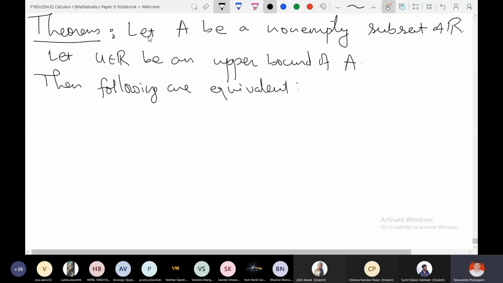So A is a non-empty subset and U is some upper bound of A. Then the following statements are equivalent.